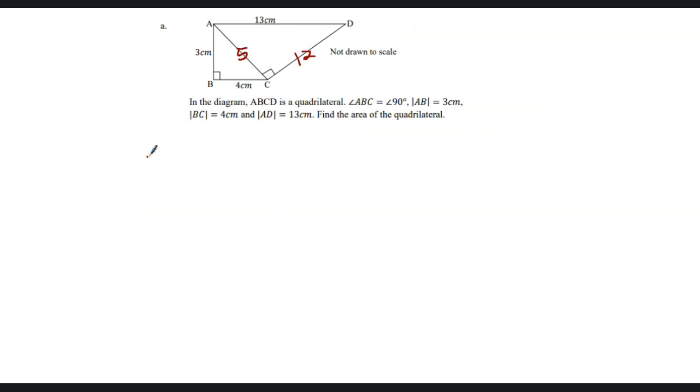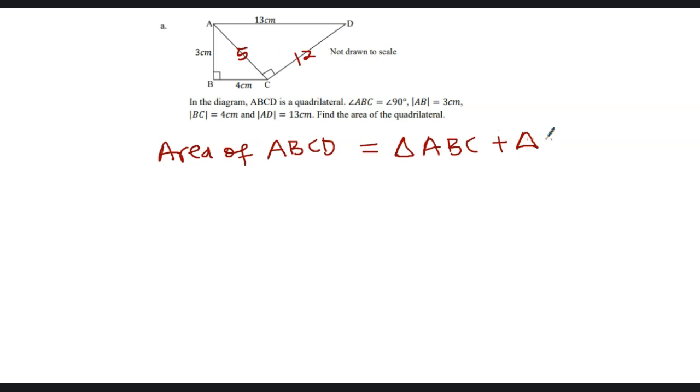Now we want to find the area of the quadrilateral ABCD, which is a composite of triangle ABC plus triangle ACD. Remember, the area of a triangle is half base times height.